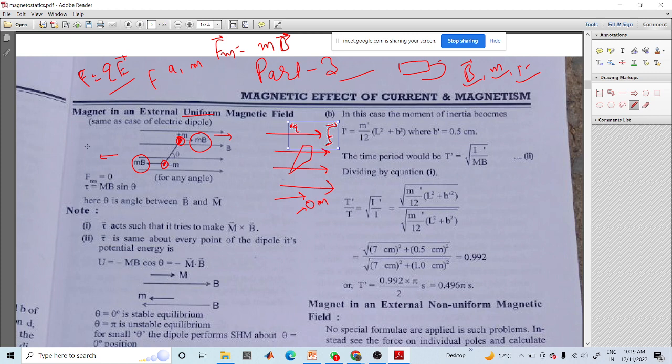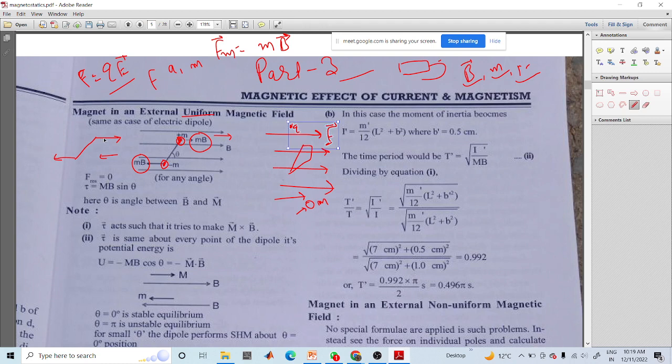Now suppose it is a rod, and one force is applied in this direction and the other in this direction, and these two forces are just opposite. So what will be the resultant force?